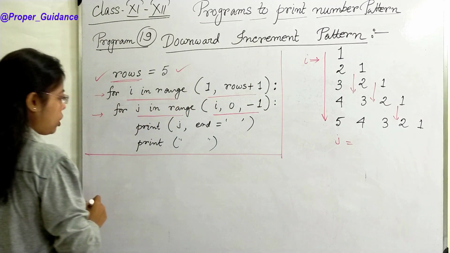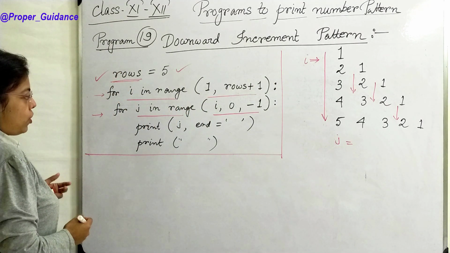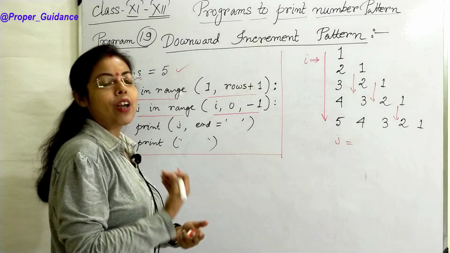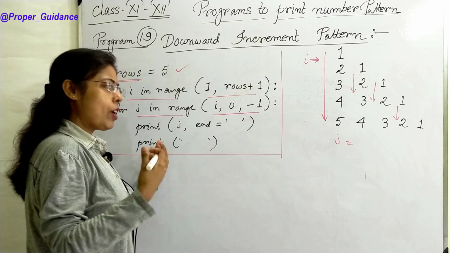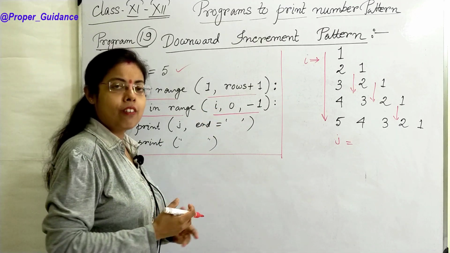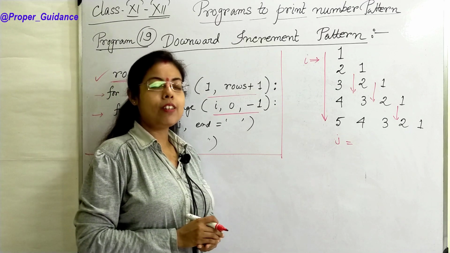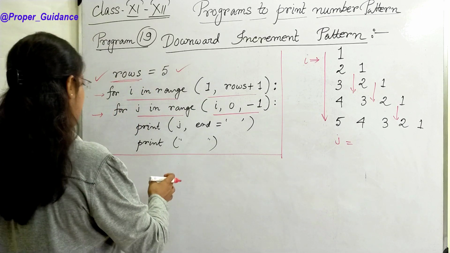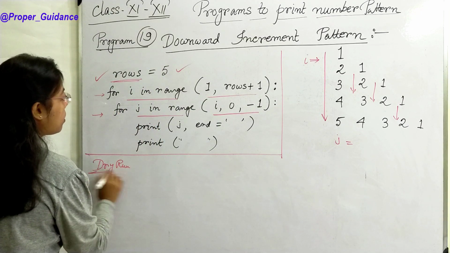This is the section where I always discuss the dry run. It means we have to execute the program without the system. When we get some programs, we can easily run them on our machines, but the logic behind the program is essential to know, and here it is, the dry run section.